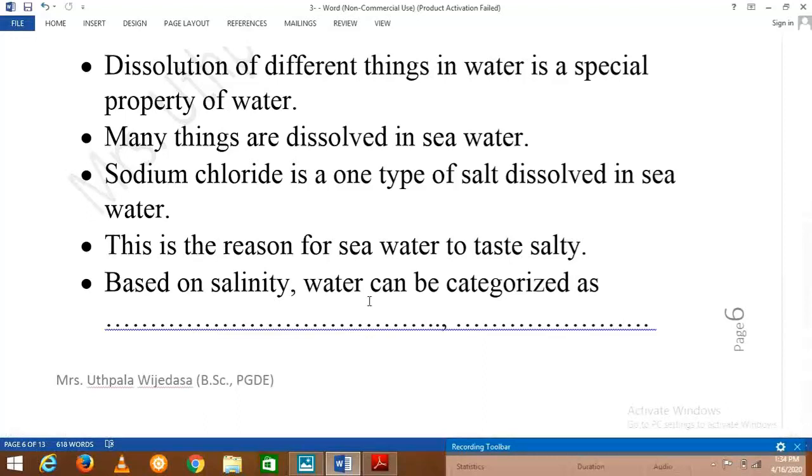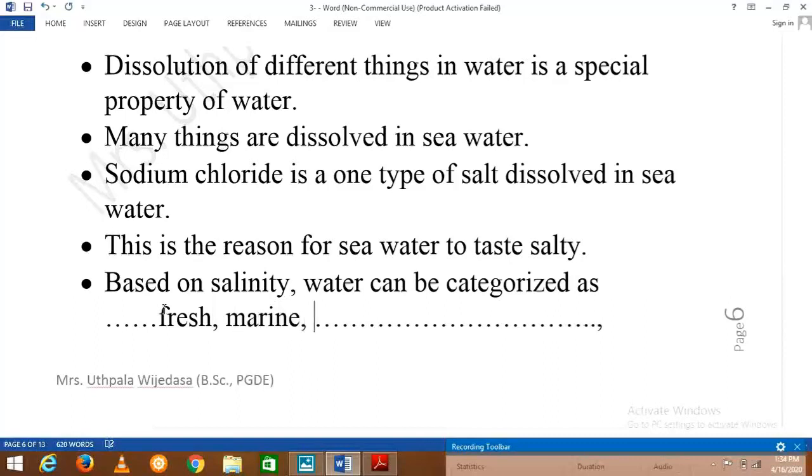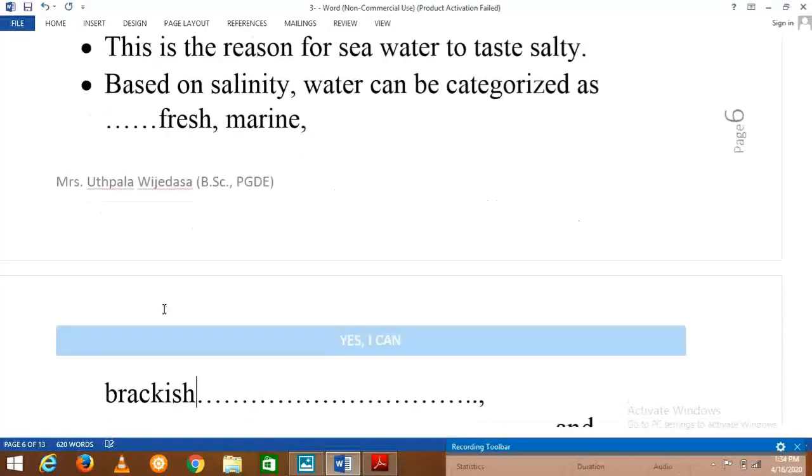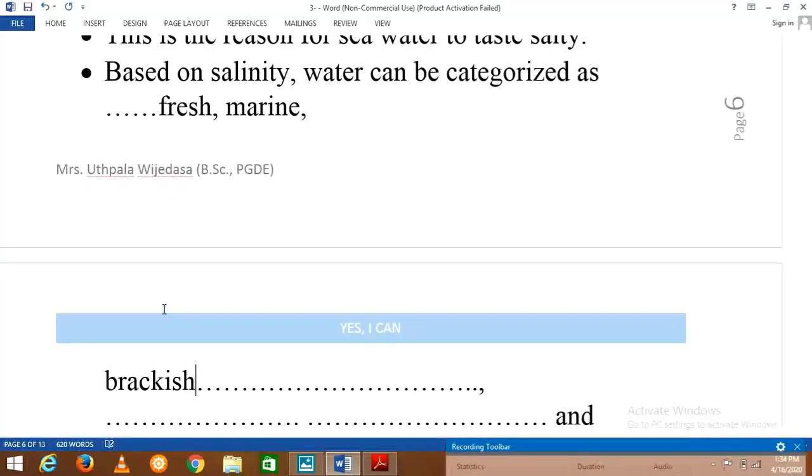They are fresh water, marine water and brackish water.